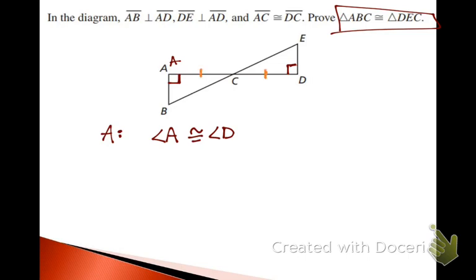Sides. So I'm going to write S. Side. I have side AC. What is AC congruent with? DC. It appears as though I only have two pieces of information. Where's the third one coming from? Vertical angles. Remember, vertical angles are congruent.